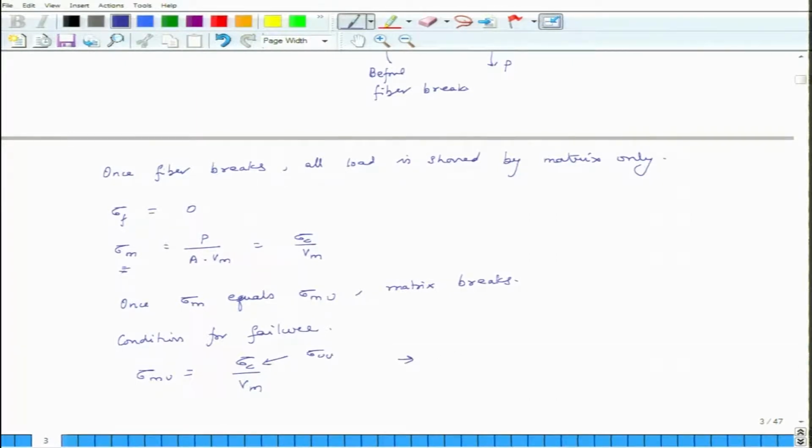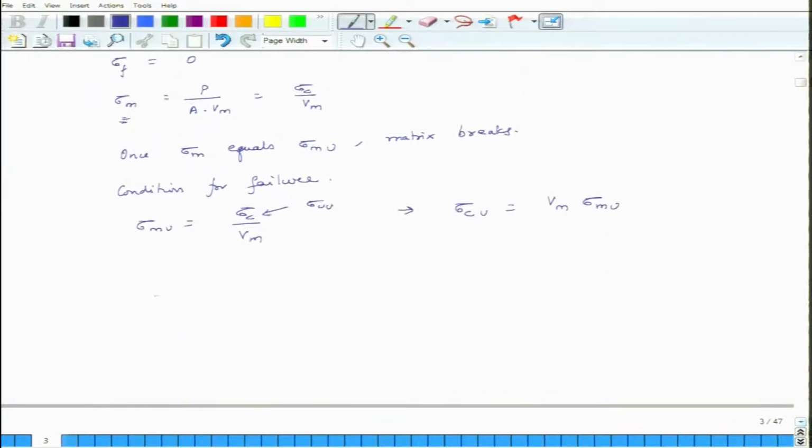So, I can write sigma Cu equals Vm times sigma mu, and I know that Vm is 1 minus Vf. So, the strength of composite for case A.